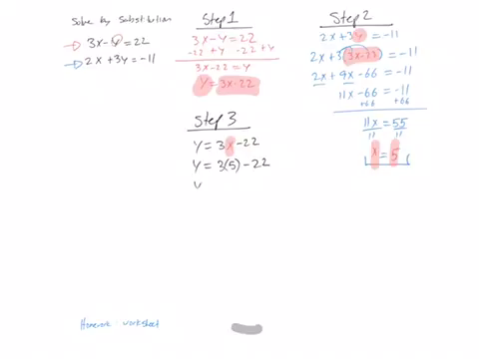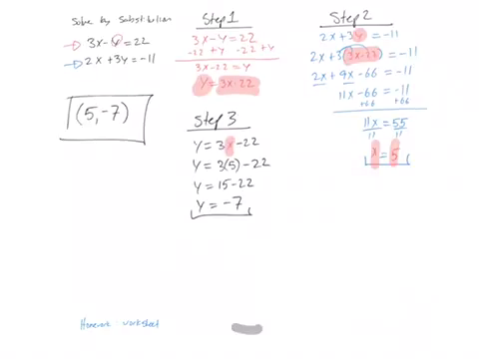So that's going to be y is equal to 15 minus 22. So y is equal to negative 7. That's my other half of my answer. That means my final answer is going to be x, which is 5, comma y, which is negative 7.